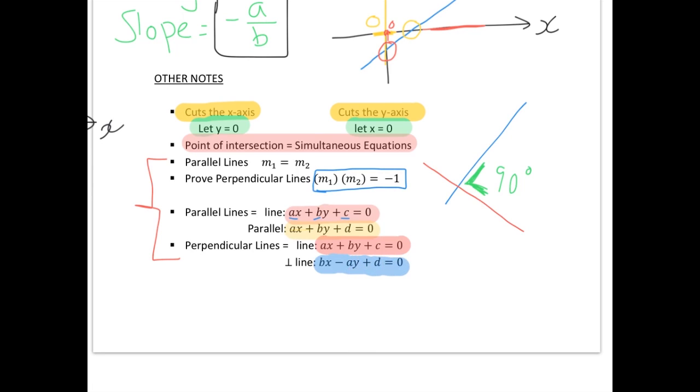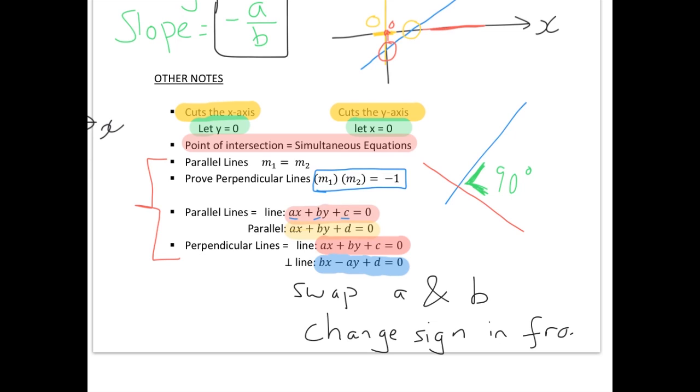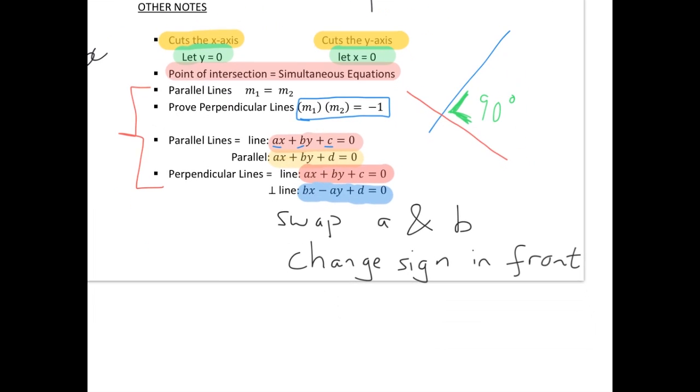So what we've done there is we have swapped a and b, and then changed the sign in front of y. The reason we do that is because of our equation that we had up above, that we want to have m1 times m2 being equal to minus 1.